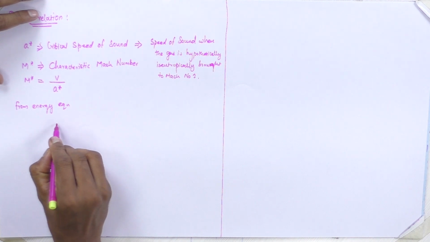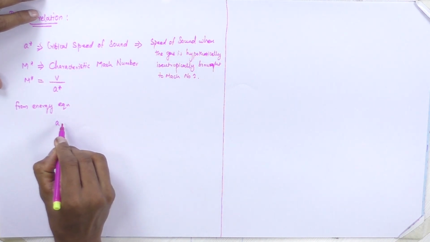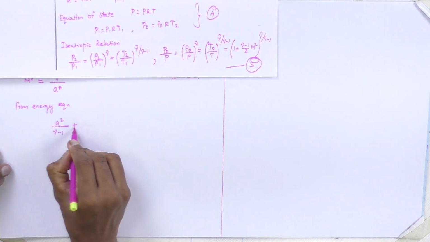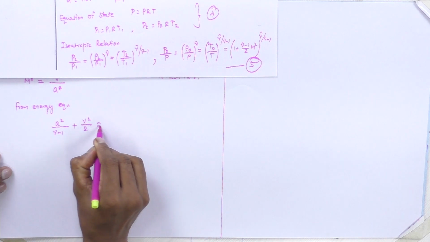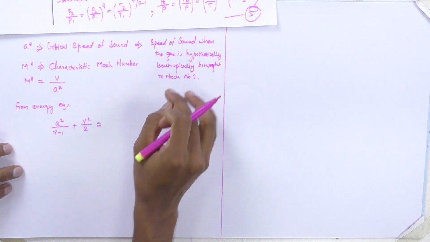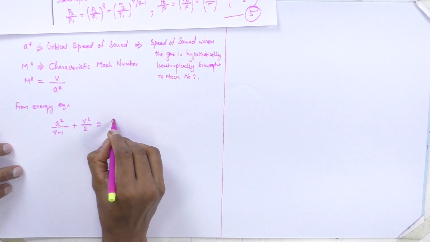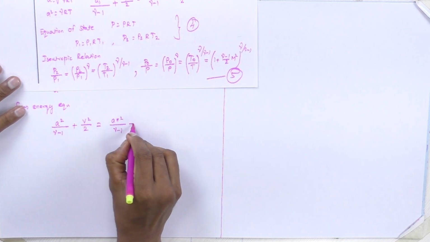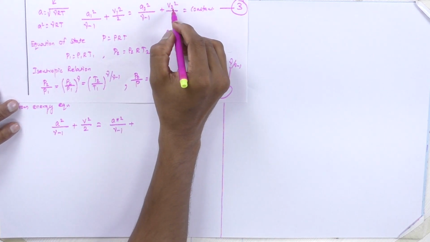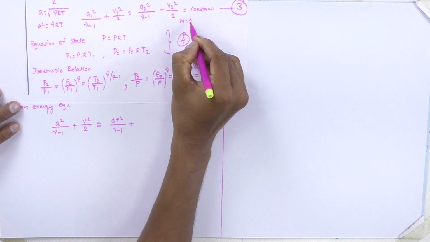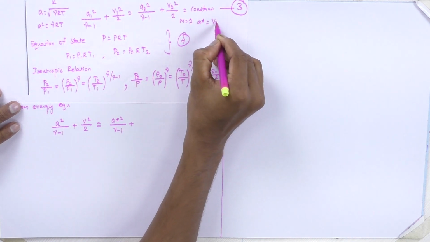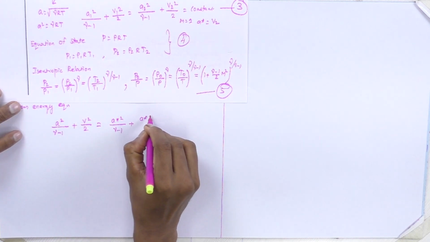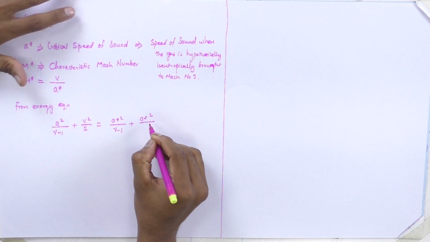Finally he got A square divided by gamma minus 1 plus V square divided by 2 is equal to, at this hypothetical point, A star square divided by gamma minus 1 plus, where the Mach number is equal to 1, V is replaced by A star, so A star square divided by 2.